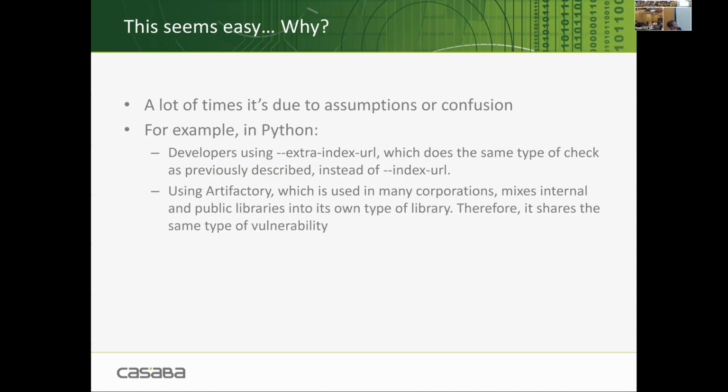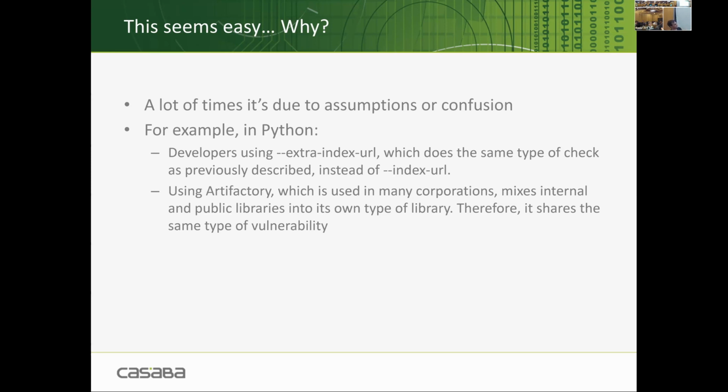So why does that happen? For example, it's developer assumptions and confusion, for example, if they don't understand how something works. The extra index URL is what you commonly use for pip when you're trying to also include your internal package repository system. So extra index URL doesn't actually overwrite.